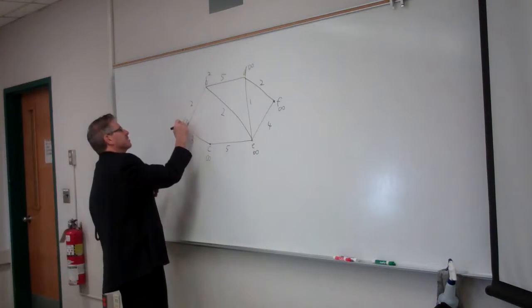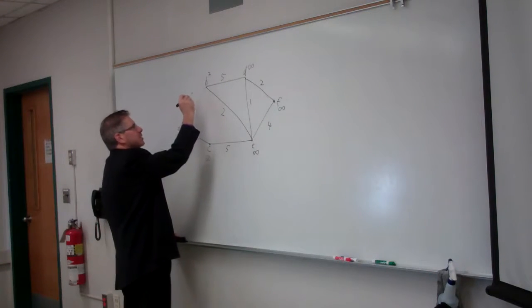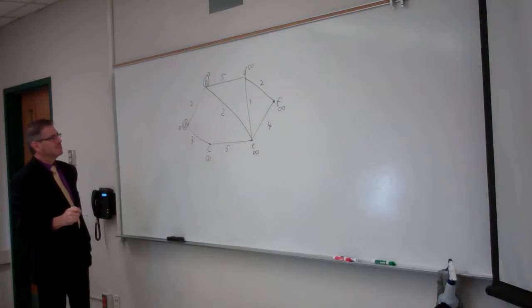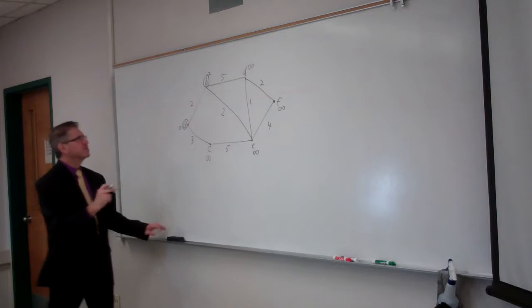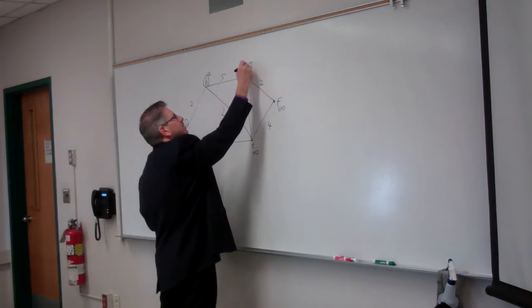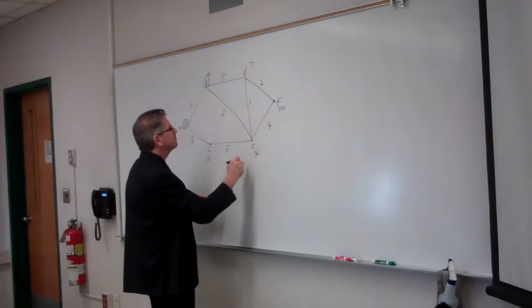So we've visited A already. There's B, it's a distance of 2. Now we relax all the nodes adjacent to B. So 2 plus 5 is 7, we'll relax our infinity. 2 plus 2 is 4, we'll relax this infinity.